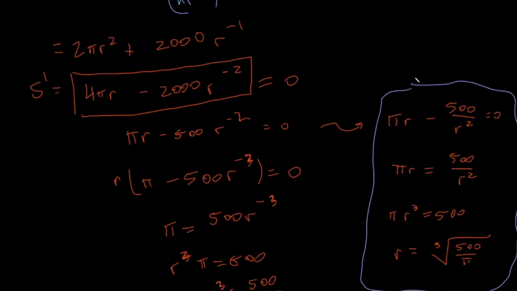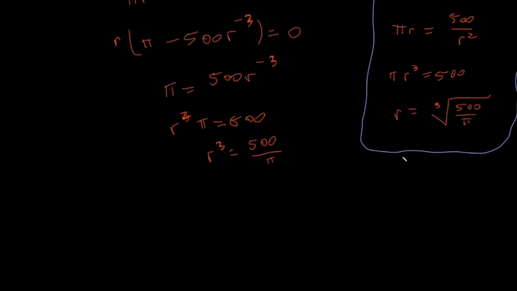And so if you take the cube root of this guy, you get approximately 5.419 centimeters. So we also need to know h. And so we need to go back to our volume equation. So 1,000 cubic centimeters is pi r squared h.